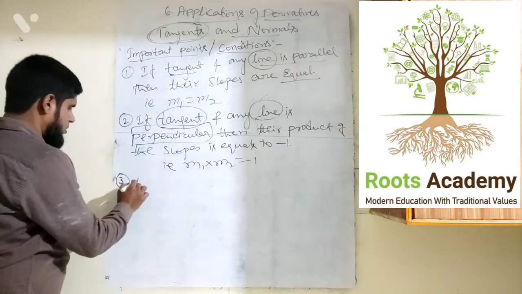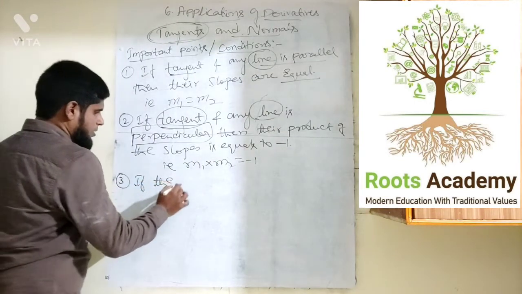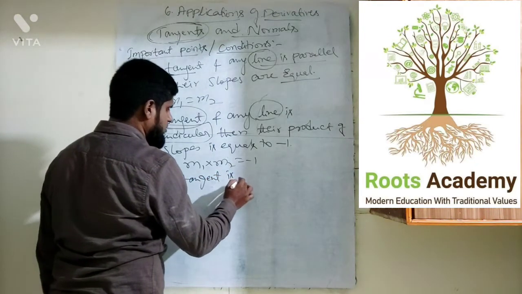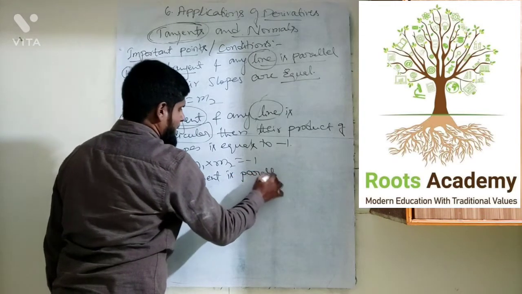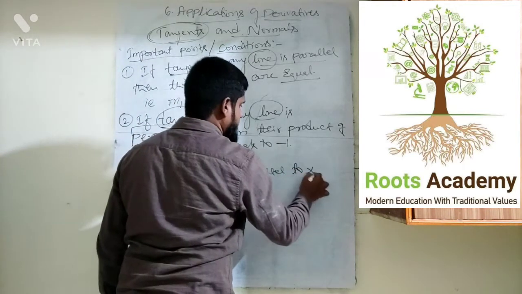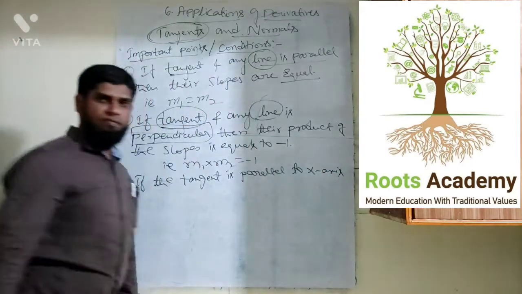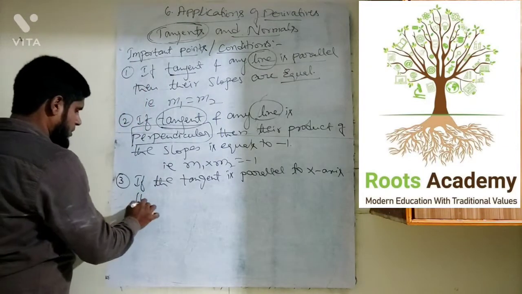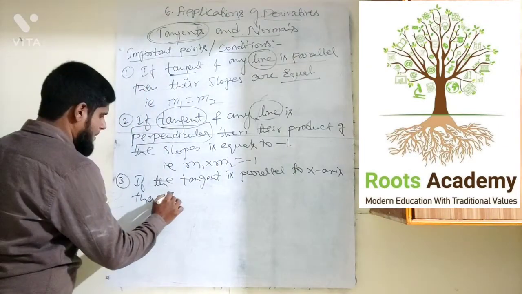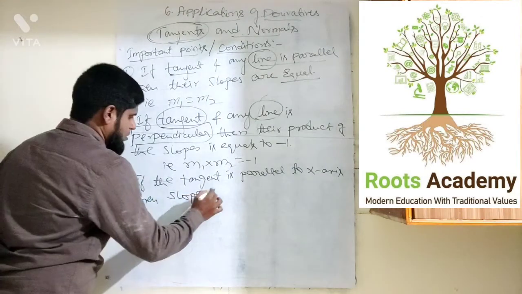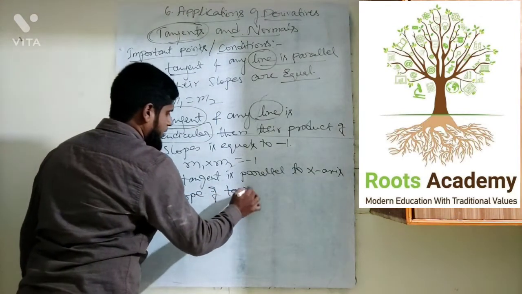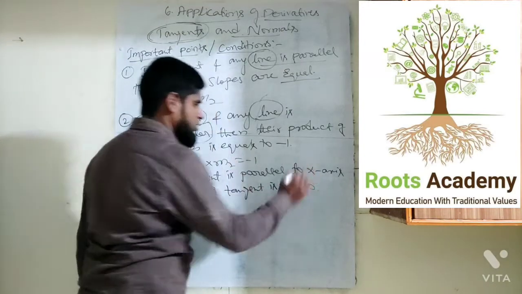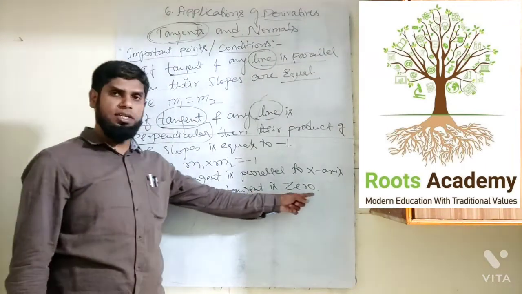Third, if any tangent is parallel to the x-axis, then the slope of tangent is 0.